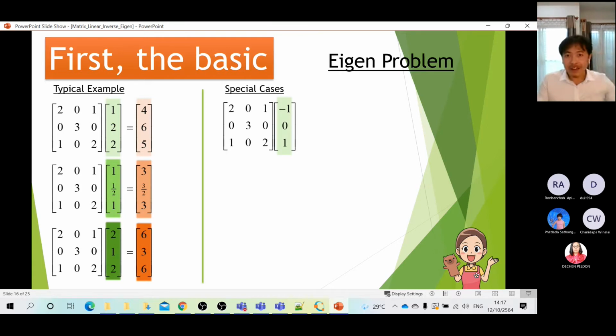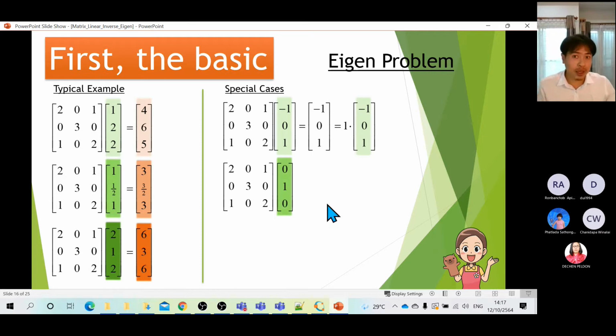For example, if I multiply this special vector -1, 0, 1 by this same matrix as before, what do I get as a result? I get back the same vector as before. So this is a very special case of vector, and we call that an eigenvector.